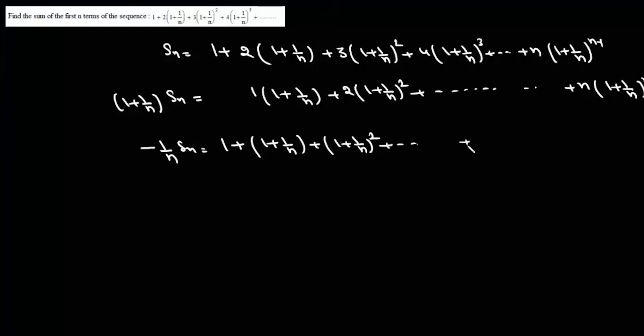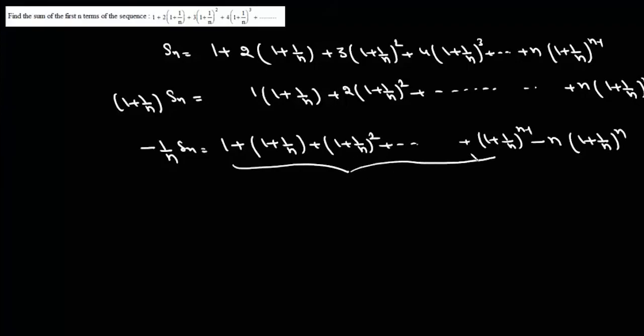I'll go all the way up to this term, which is (1 plus 1 by n) whole to the power of n minus 1, minus n into (1 plus 1 by n) whole to the power n. Now it is nothing but a GP with first term 1, common ratio 1 plus 1 by n, and number of terms n.